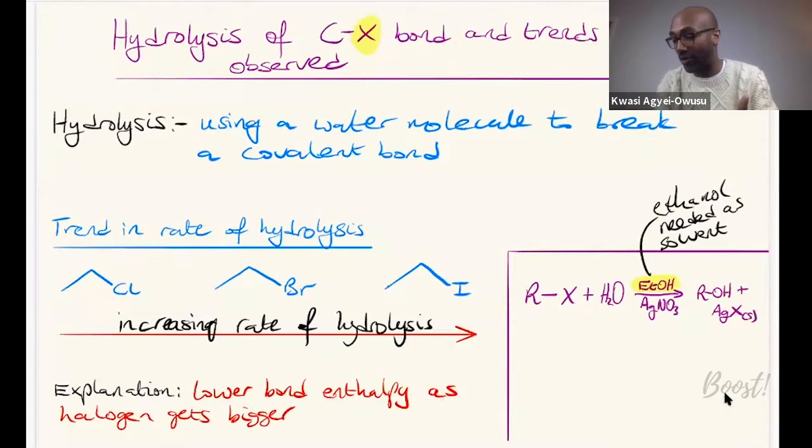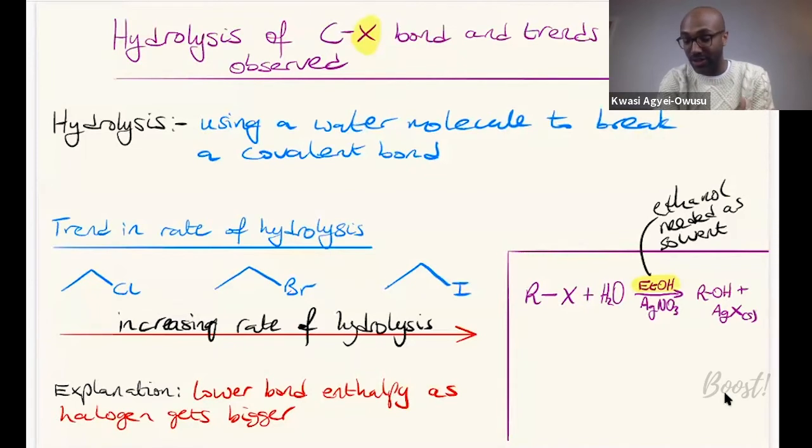So you've got ethanol as solvent, and you've got some water present, and you're going to warm this mixture. And well, you don't necessarily need to warm it, but in the presence of your silver nitrate, once the carbon-halogen bond has been broken, you're going to end up forming a silver salt.